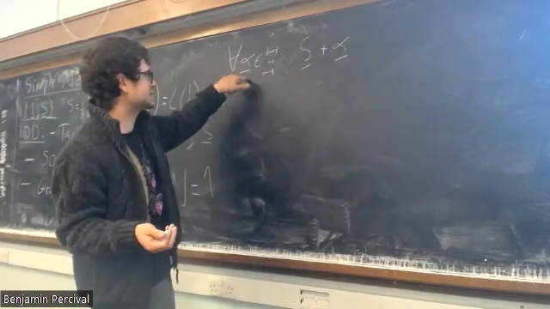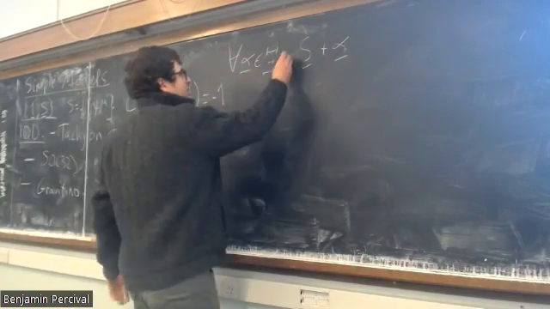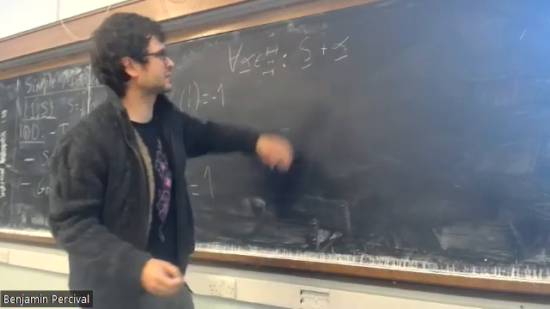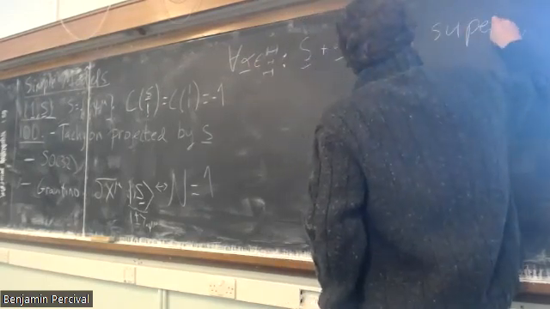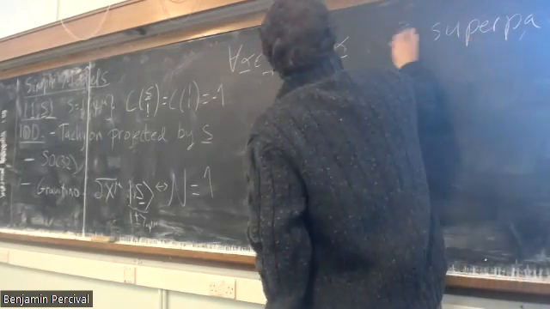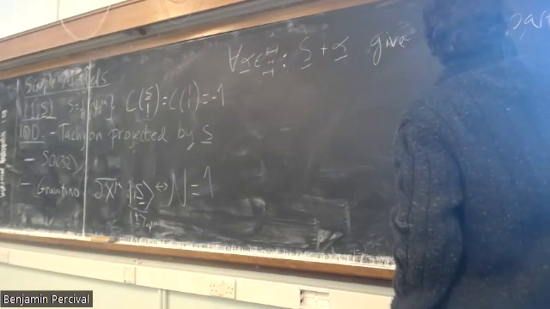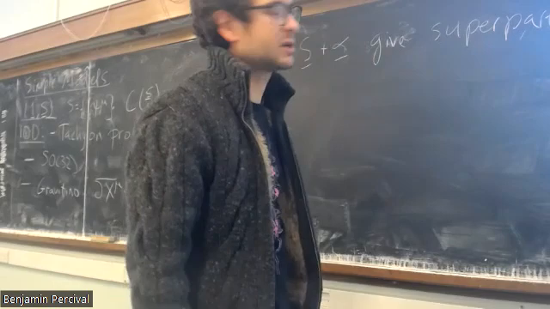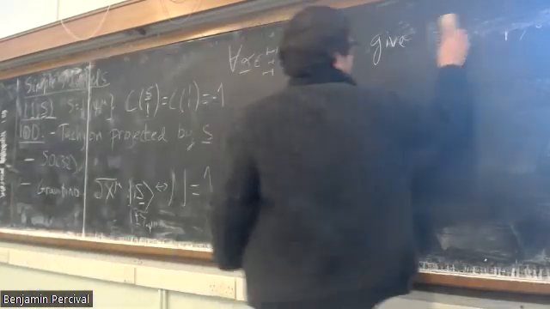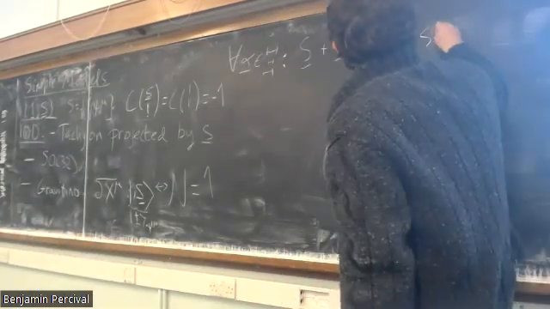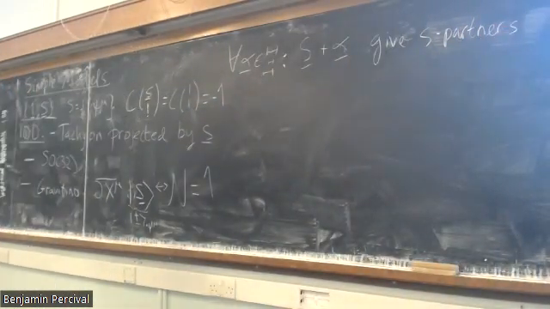So for all sectors in the whole vector space of the model, S plus alpha gives superpartners. You can't read that, can you? So, superpartners. Okay, that's the general result.